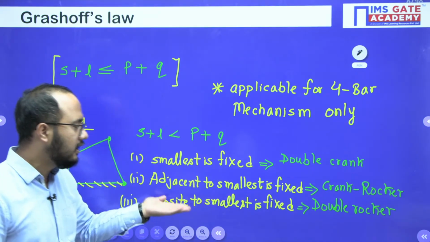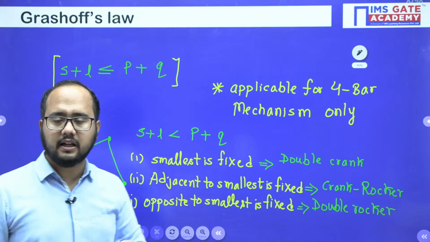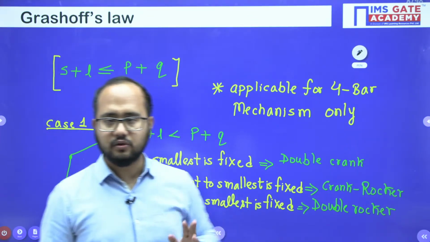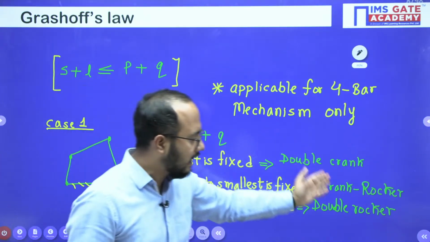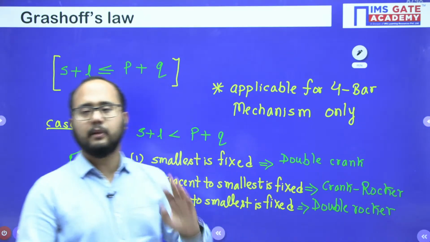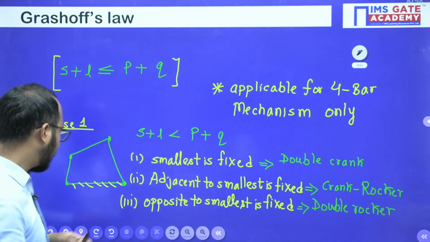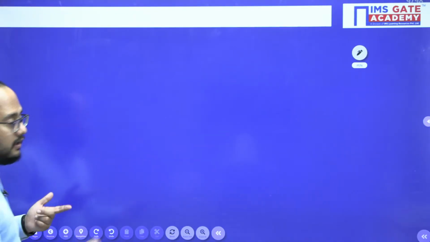Either one of these three cases will be there, whatever they have given in the question. So you have to understand which particular link is fixed, and accordingly we will select what kind of mechanism it will be.